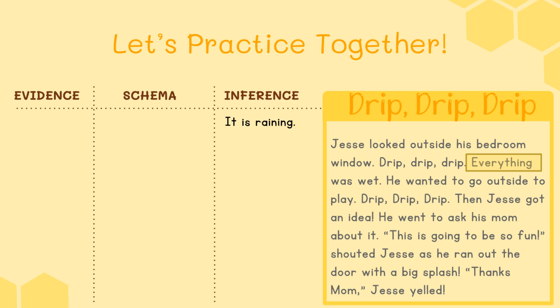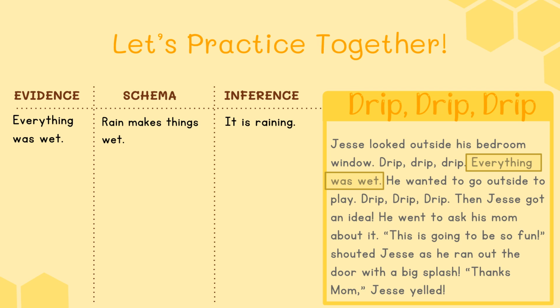If you said everything was wet, you're right, because everything was wet, and the schema that was in my head was, well, if he's looking outside and everything's wet, I know that rain makes things wet, so I think it's raining. That's my inference. Awesome job, first graders.